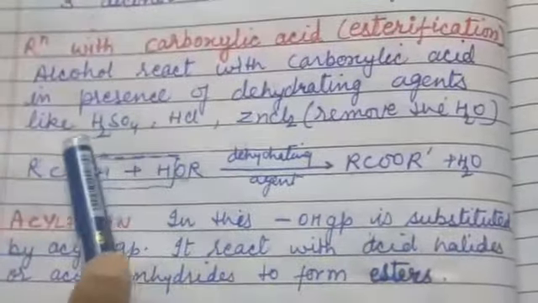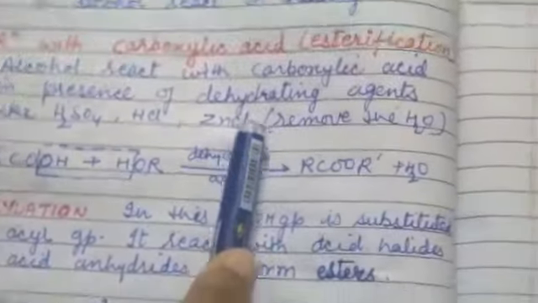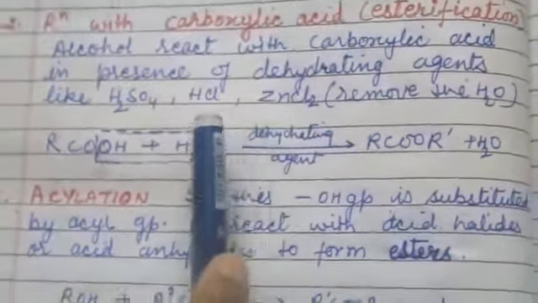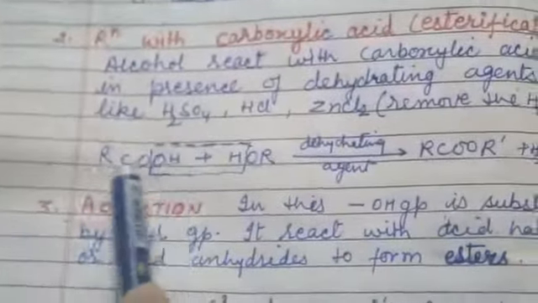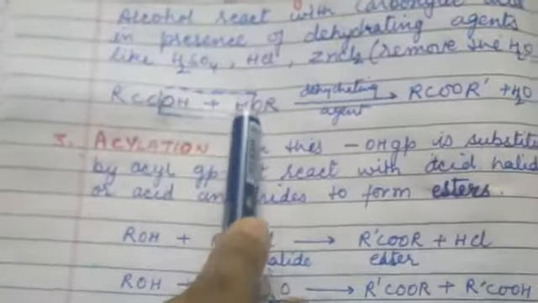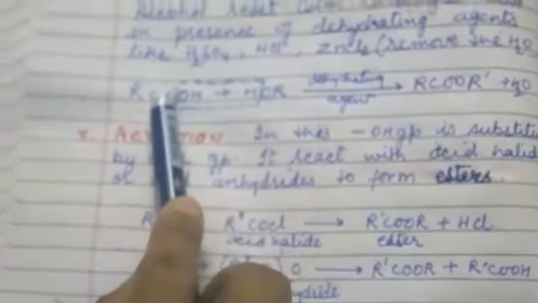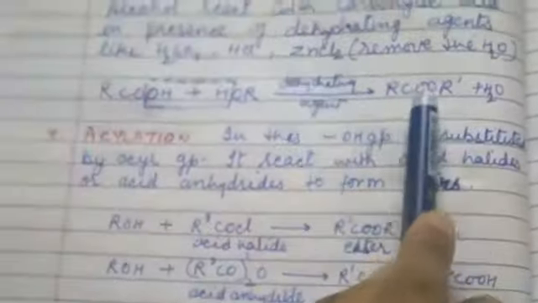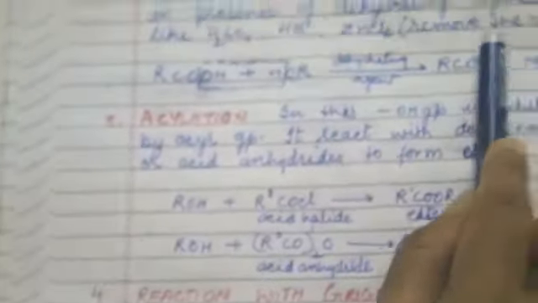All these three are dehydrating agents, remember, because they remove water molecules. So when this oic acid, carboxylic acid, reacts with alcohol, it removes this water molecule. In the presence of these dehydrating agents, they form ester and water. So this is known as esterification.